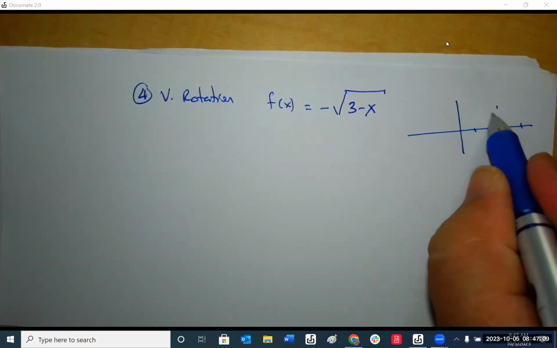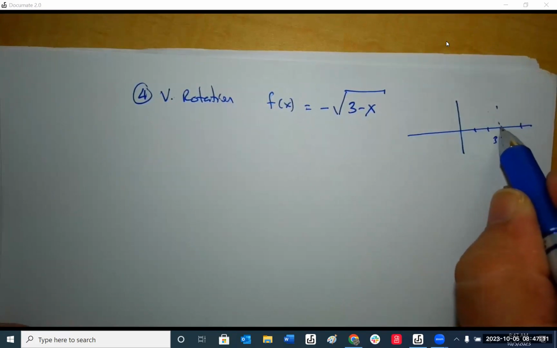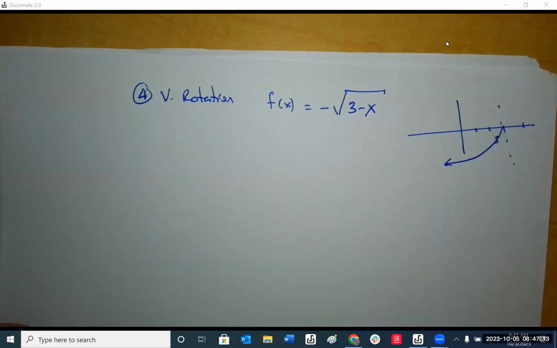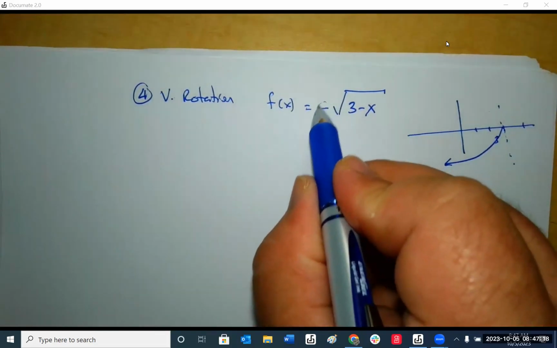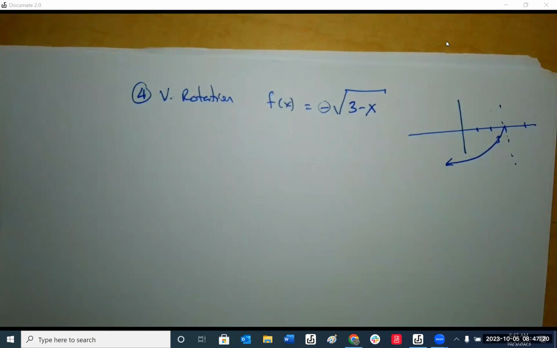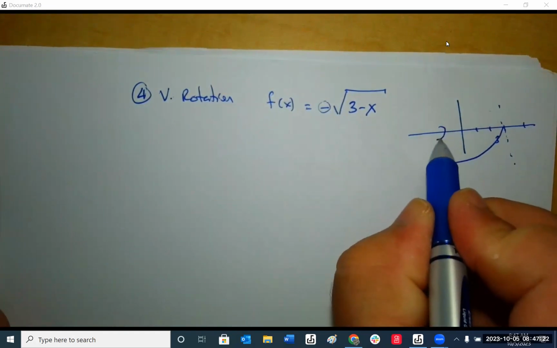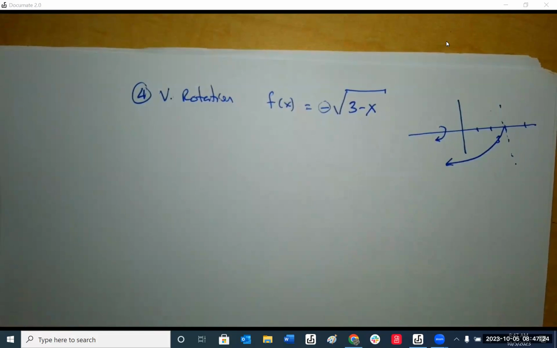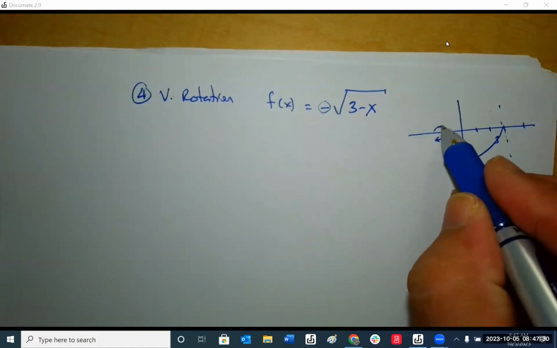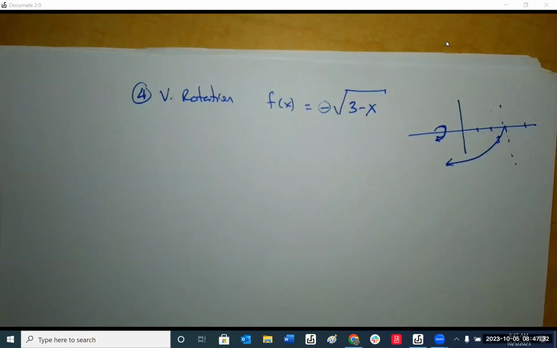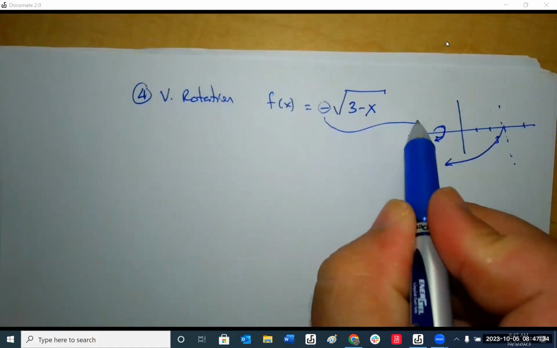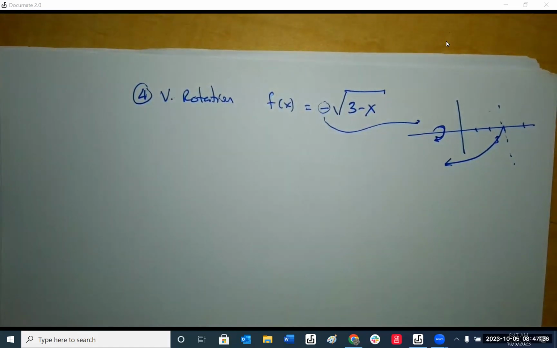It was pointing this way. Now we flip it across the x-axis. It looks like this now. This is the rotation, because it's outside.